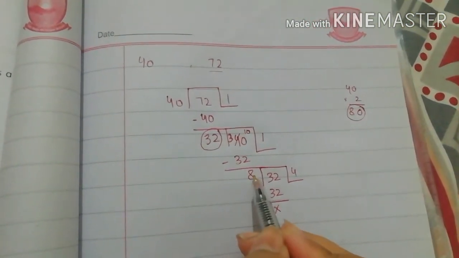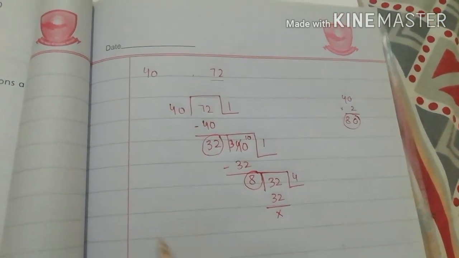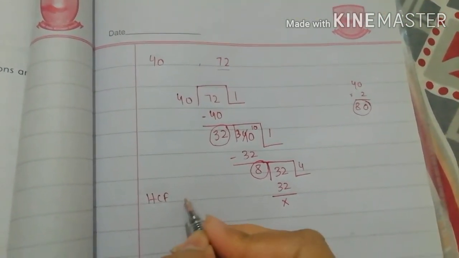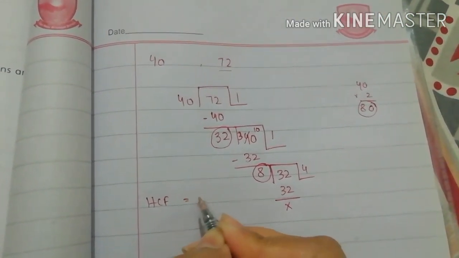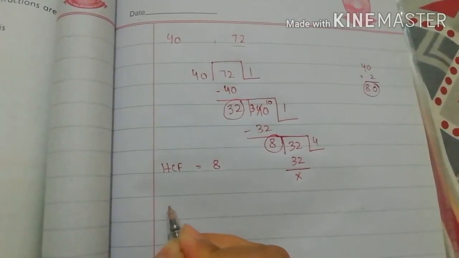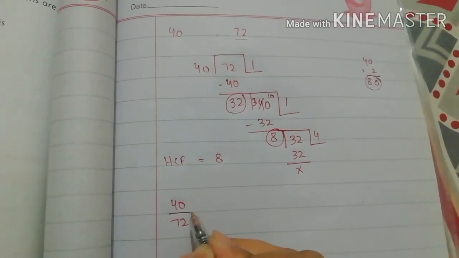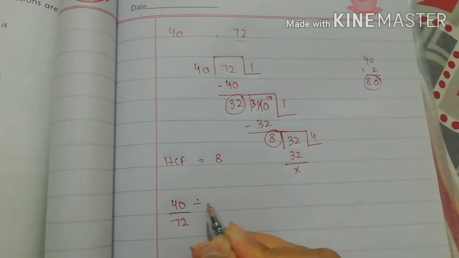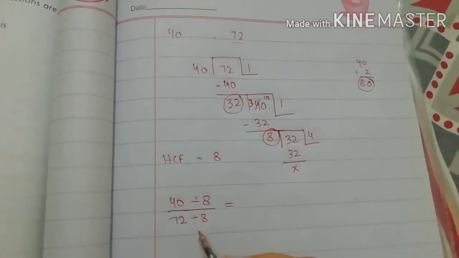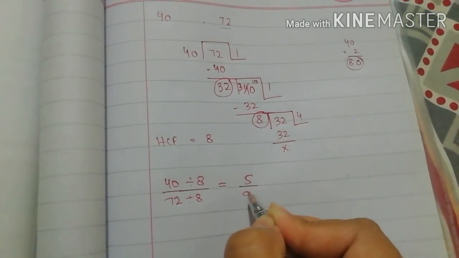Dear students, जो लास्ट डिवाइजर होता है वो हमारे पास HCF होता है. So the HCF of 40 and 72 is 8. Now we will divide 40 by 72, both numerator and denominator, by 8. 8 5s are 40, 8 9s are 72.